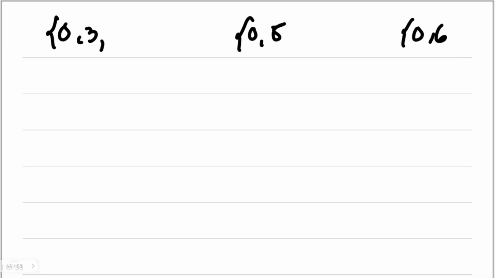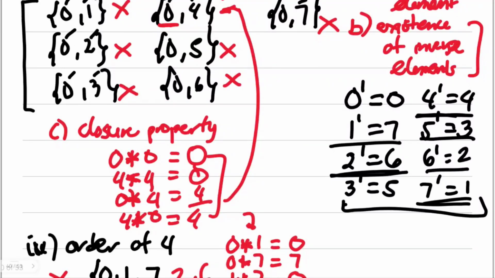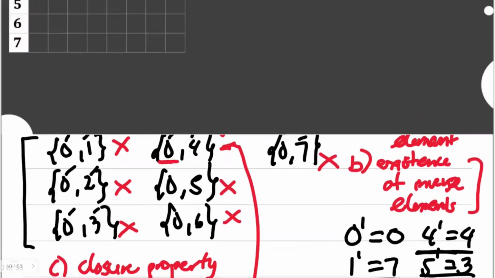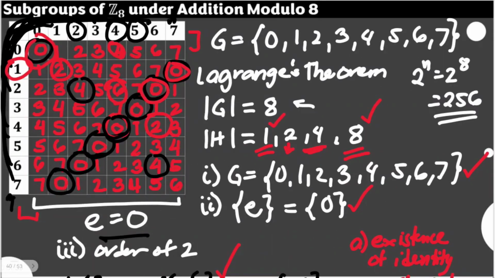For 0, 3, take note that here earlier, the inverse of 3 is 5. So that means 5 should be part here, so that inverse should be included. But when we operate 3 star 3 and 5 star 5 in our table, 3 star 3 is 6. 5 star 5 is 2.